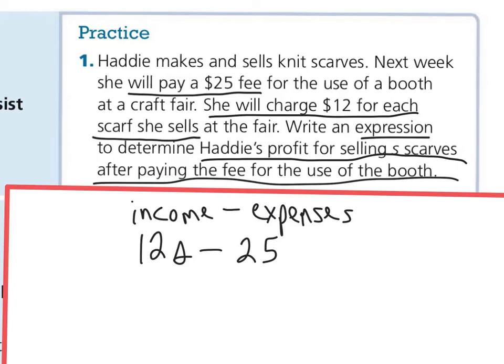There would be an expense for the materials for making the scarves, but they didn't tell us anything about that, so we don't have anything to base that off of. So this could just be our expression for her profit. And we don't know how many scarves she sold, so this would just be our answer for this problem.